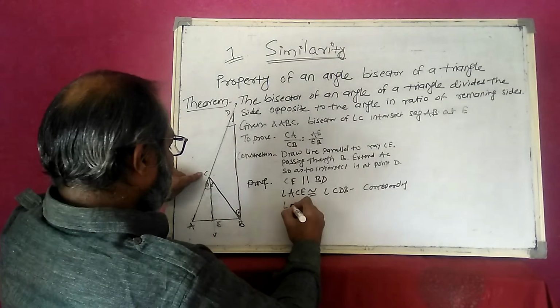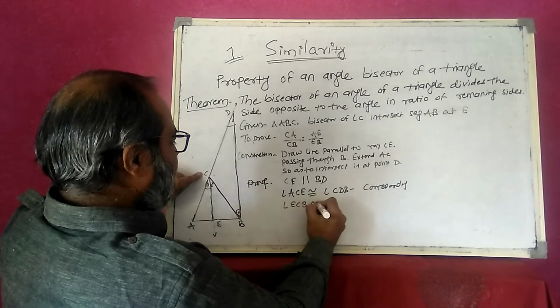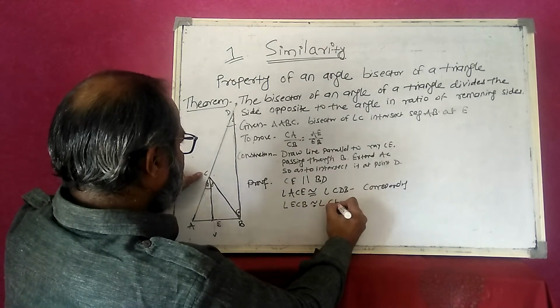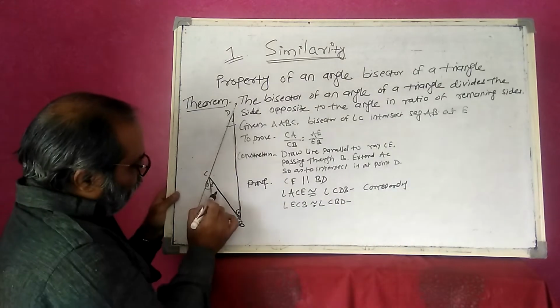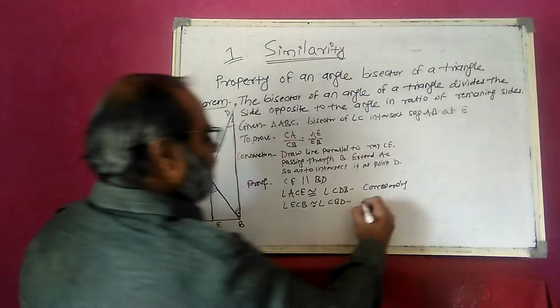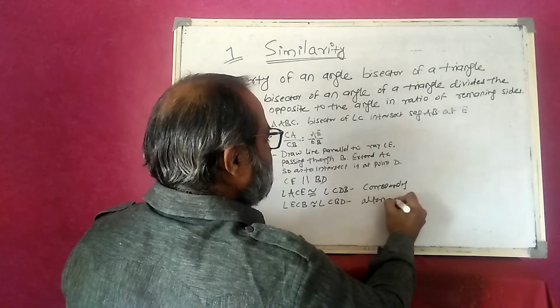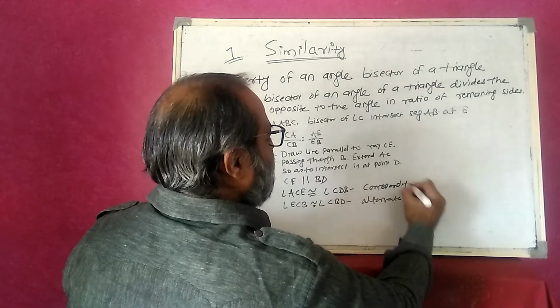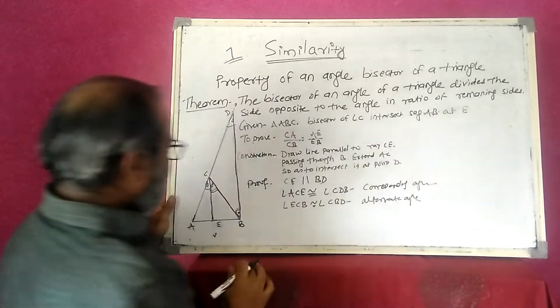I write here angle ECB is congruent to angle CBD. So ECB means this angle is congruent to this because they are alternate angles.